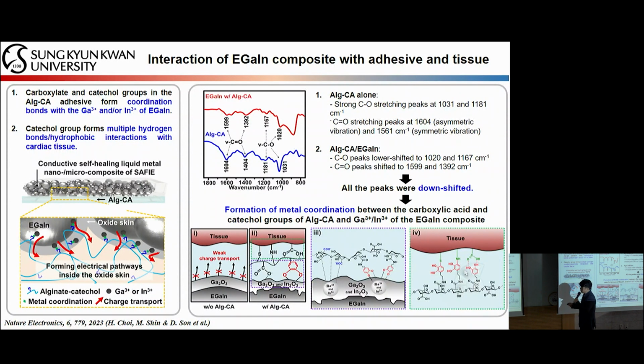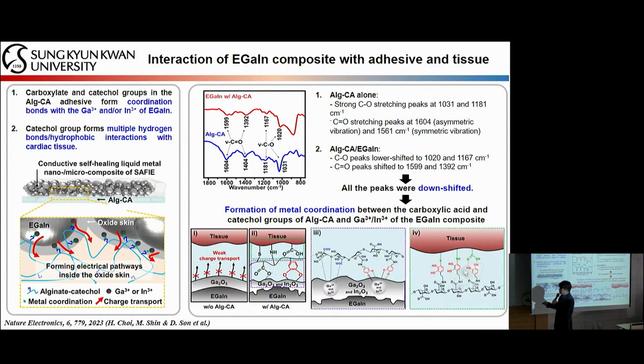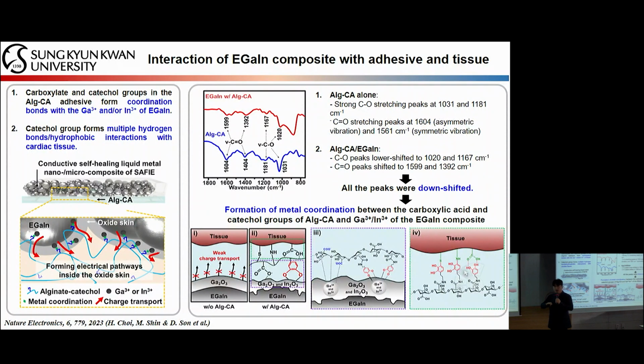So let's see. We could confirm the formation of the metal coordination in our system in the FTIR analysis, where all the peaks were downshifted compared to pristine wave numbers. So it means that some kind of material was stably coated around the oxide skin, while maybe making the coordination.